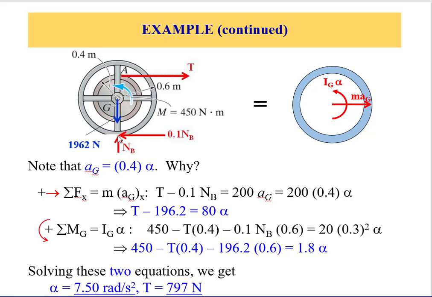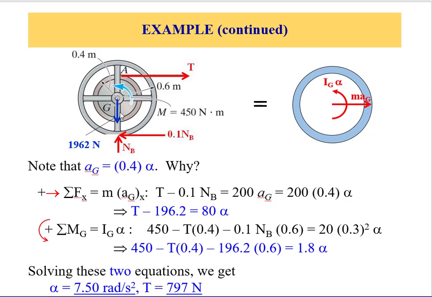We note that this point at contact remains not moving, therefore we know the acceleration of that point, because this becomes a center of instantaneous velocity, which will help us calculate the acceleration a_G, which is equal to 0.4 alpha.